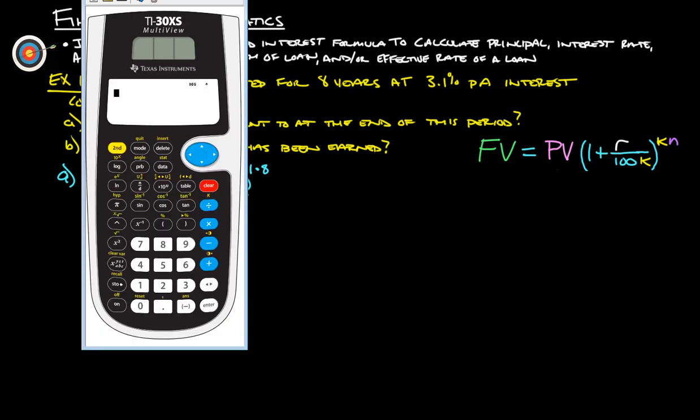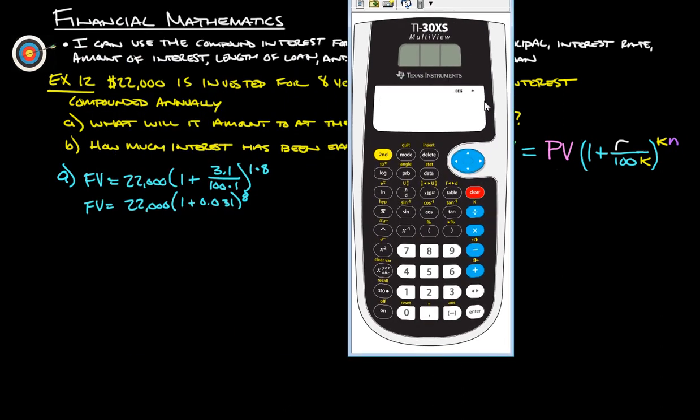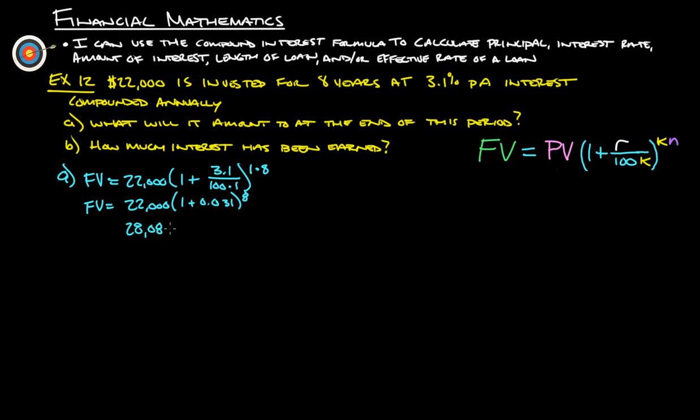So we can put that right into our calculator: 22,000 times 1.031 to the 8th power, so for 8 years. It's going to end up being worth $28,086.14. So that is the future value, if the interest is compounded annually.